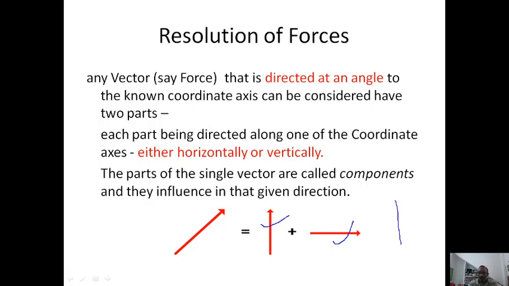This is when the inclined force has theta shown with respect to the horizontal. If theta is not like this, if theta is given with respect to the vertical, then the scenario changes.